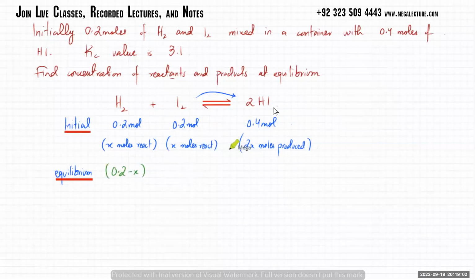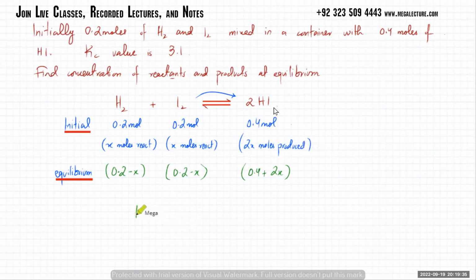The same thing over here: you started off with 0.2, X moles have reacted, so you're left with 0.2 minus X. And over here, you started off with 0.4 moles and there's a further 2x moles getting produced. So you already had 0.4, and now there's an extra 2x moles. So I've found my equilibrium moles in terms of X. Is that clear? Yes, sir.